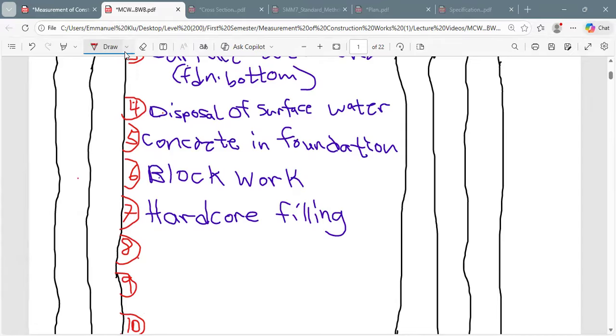The 8th one becomes our surface treatment. We're going to do surface treatment again.